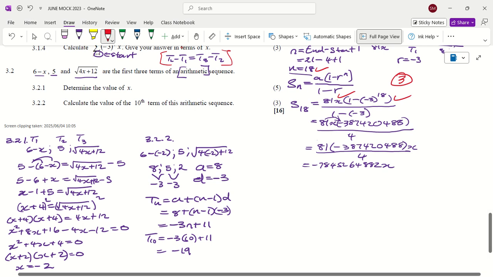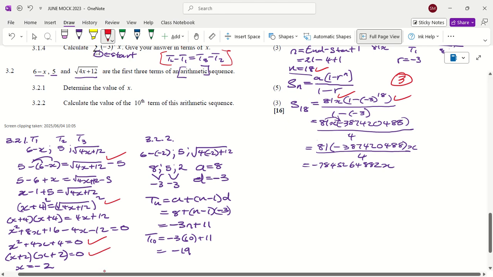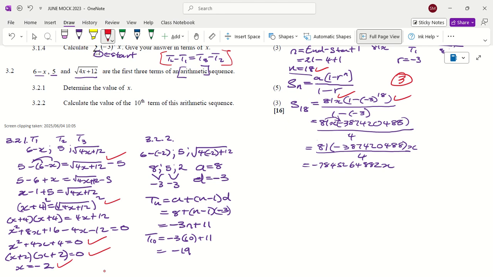So you get a mark for T2 minus T1, and then you get a mark for simplifying, right? And then you get a mark for a standard form, you get a mark for factors, and then you get a mark for the answer. In total, this is 5 marks.